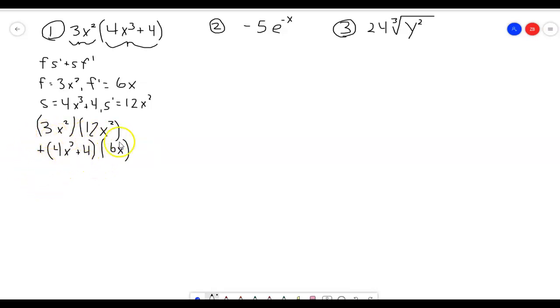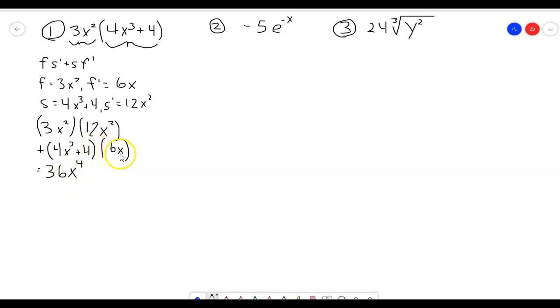All right, so now let's just distribute that out. 3 times 12 is 36, so this is going to be equal to 36, and that would be x to the fourth.